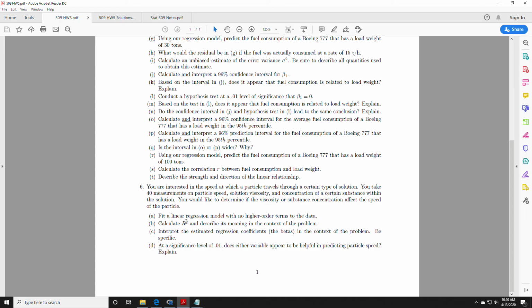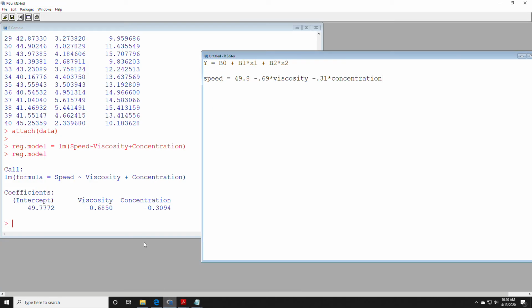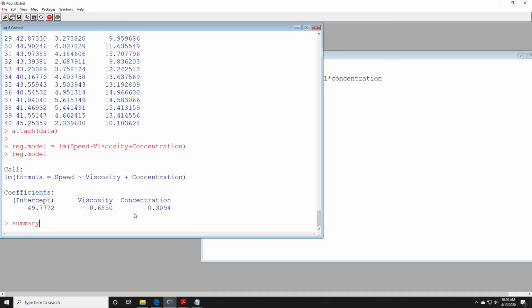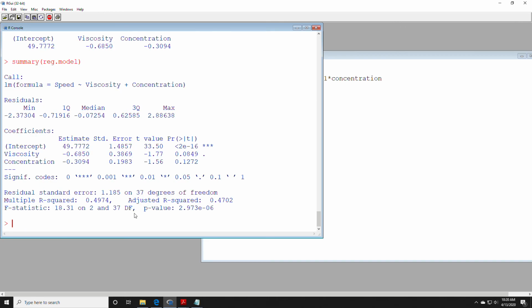Okay, let's see. Calculate the coefficient of determination and describe its meaning in the context of the problem. To calculate the coefficient of determination, we need our summary function. And here's our multiple r squared.